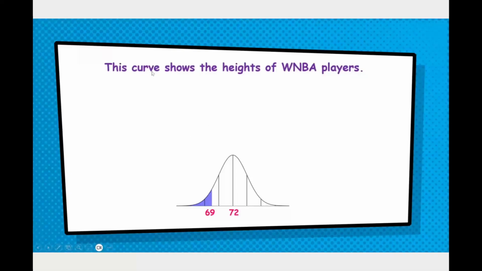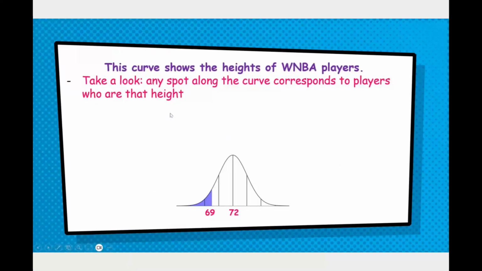So this curve shows the heights of WNBA players. I'm going to propose this more as a discussion and just something for your own thought. Take a look at any spot along the curve. Any spot along the curve corresponds to the players who are that height.